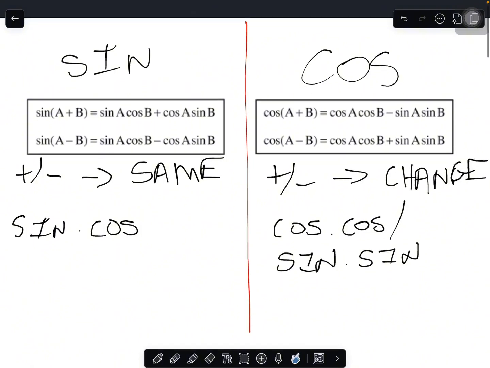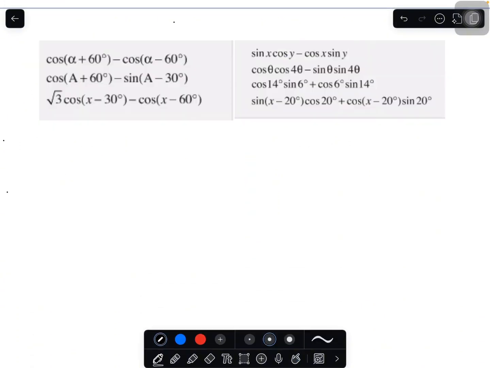let's move on to doing some work with this expansion and contraction of using these compound angles. So on the left hand side, we have our expansion exercises, and here we have our contraction exercises.